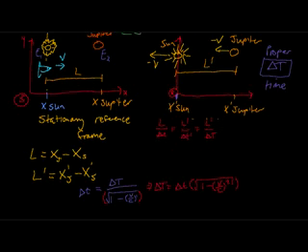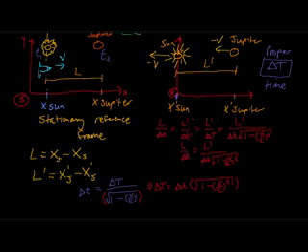So we can substitute this value for our proper time into this formula, and we'd get L over delta T is equal to L prime over delta T times this value, the square root of 1 minus v over c squared.